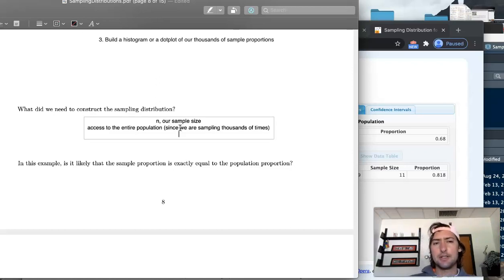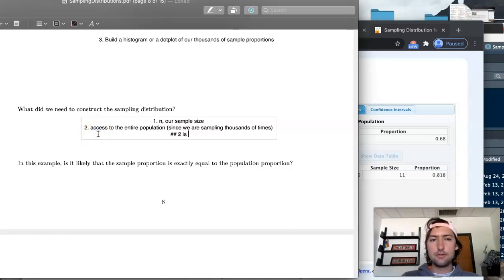And the second part is the unrealistic thing. So I'll number these and say number 2 is usually unrealistic unless we have a census, which we did for this example. That's why we were able to build up the sampling distribution, because we had a census of the entire United States households.